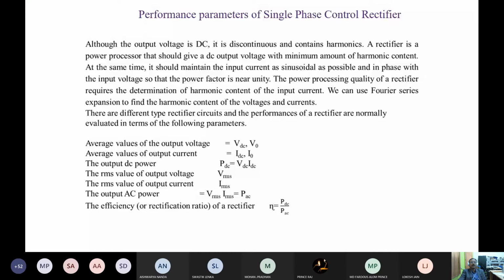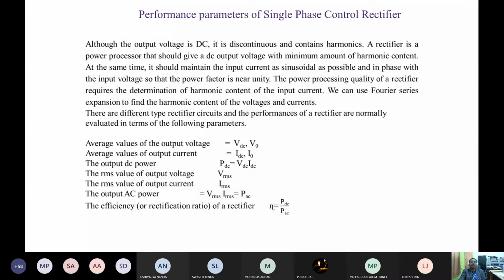So we have a sinusoidal voltage, but non-sinusoidal current. Extra power losses will be there because of harmonics, and input power factor will be poor because those currents are not sinusoidal.